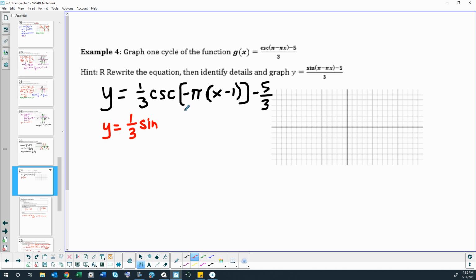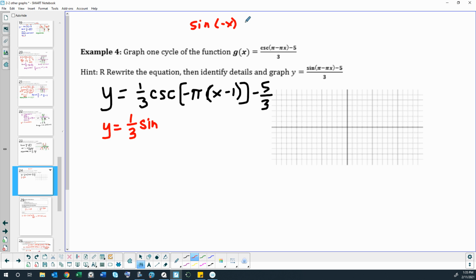So, one thing to keep in mind that we just barely learned in section 2.1 is the fact that if sine is negative, because it's an odd function, let's just review this little property here.